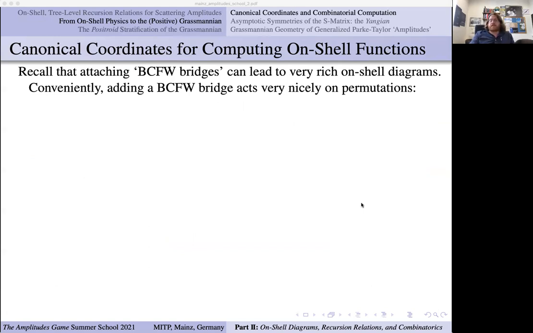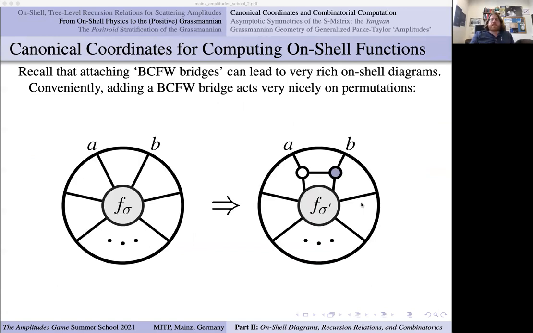Okay. One other thing: I mentioned this technology that it was very useful to relate diagrams to each other by adding BCFW bridges. And if you think about this in terms of permutations, this acts in a very simple way, in fact a way that becomes extremely powerful once we follow it to its conclusion. So imagine we had an on-shell diagram. We saw as a function that adding a BCFW bridge just shifts the momenta of A and B into this core, and it adds one new degree of freedom, alpha, inside the integral.